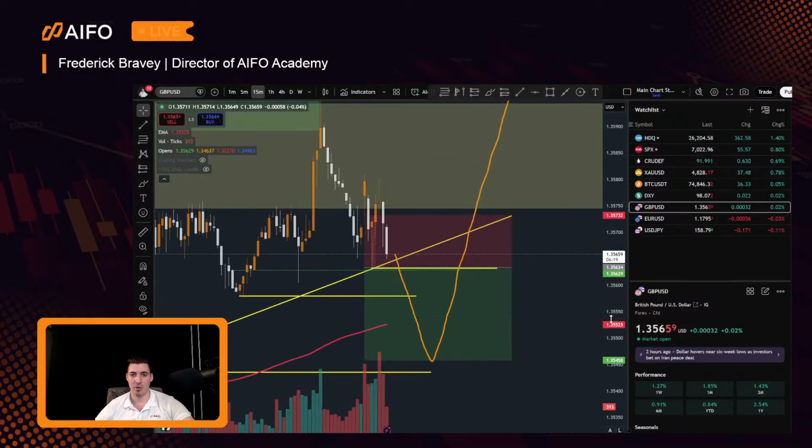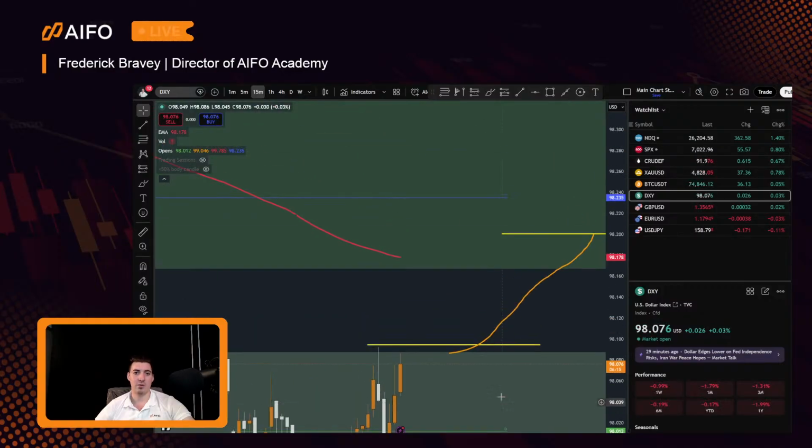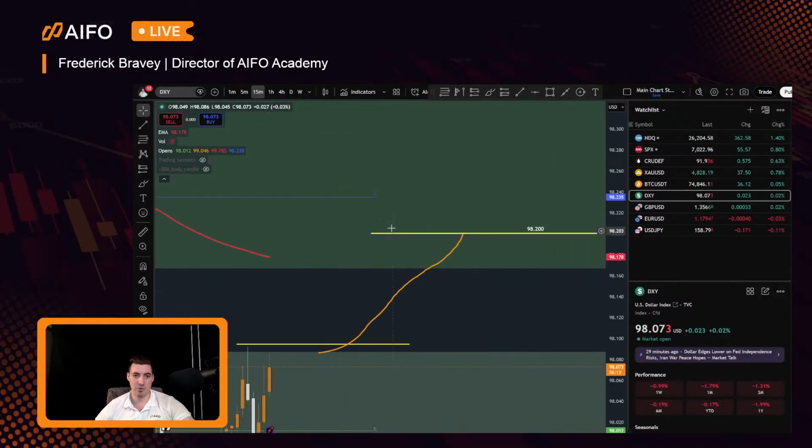Again, I'm staying out. I'm not entering into a trade until I see the DXY approach this zone. Then I'll start looking for potential shorting positions.